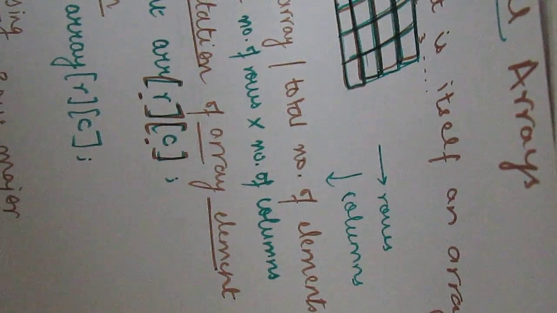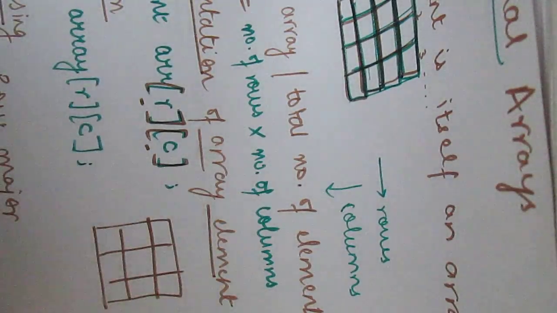By representation, I meant that we have an array, something of this sort, a 3x3 array. Someone says, tell me the index of this particular element.